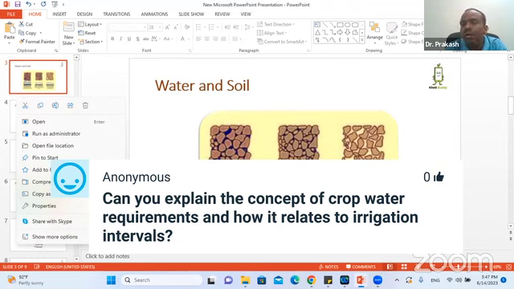At that time water is not absorbed by the plant, and nutrients cannot be absorbed either.